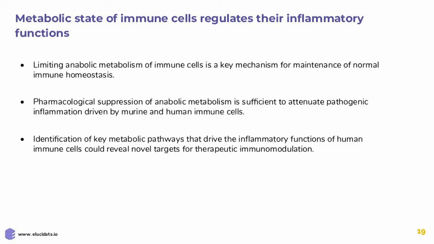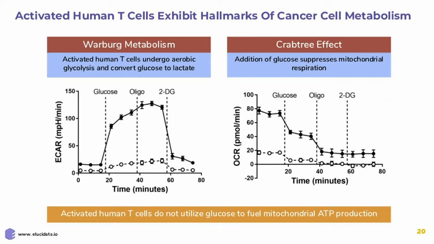And so to look at that, we followed in the footsteps of a lot of academic work that had been done in murine T cells, but was a little bit lacking for human T cells. So we decided to start at a very, very fundamental level, and using the Seahorse instrument, we basically asked the question: does the switch in metabolism in human T cells reflect the same that has been observed in numerous murine studies?